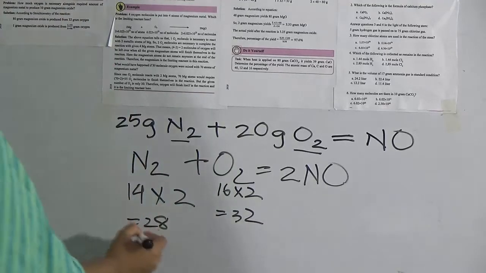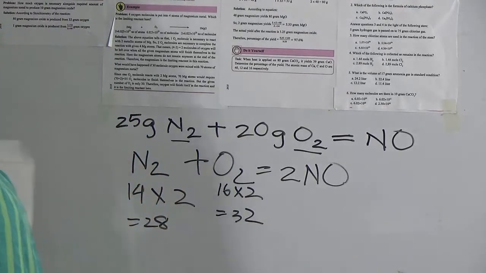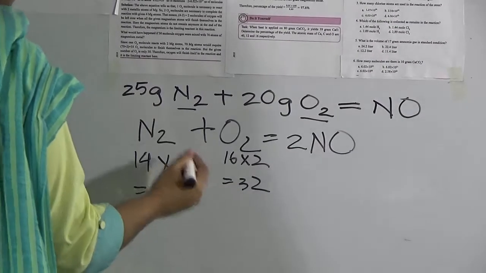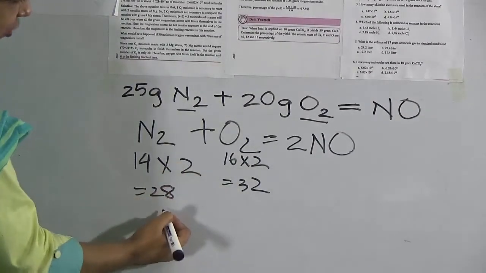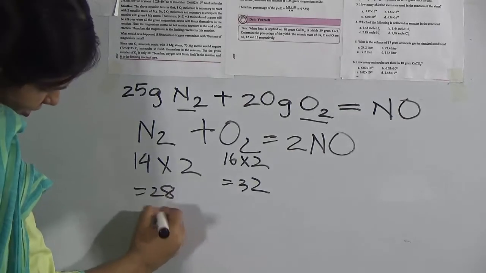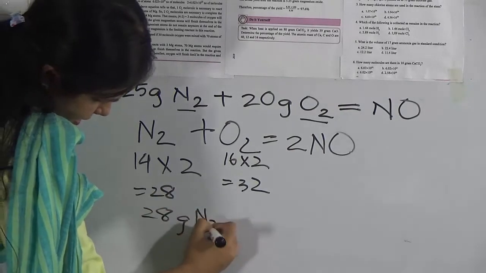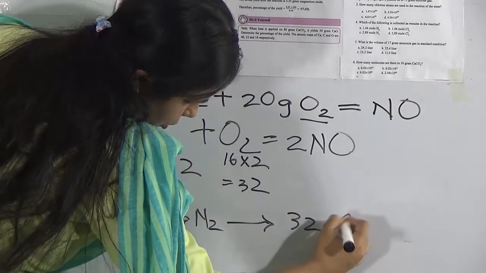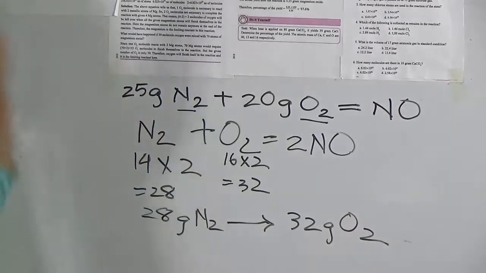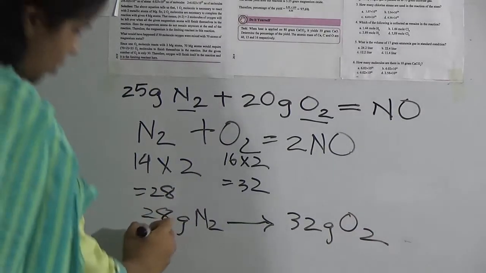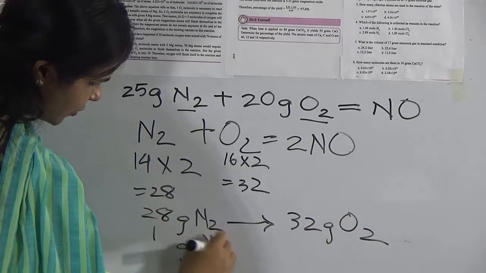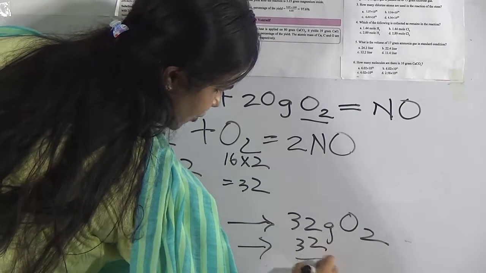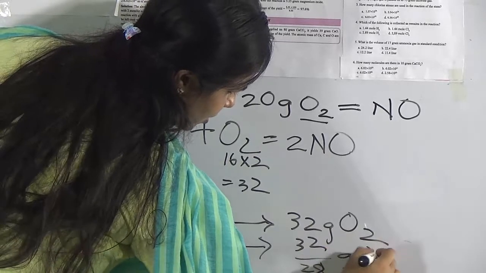That means 28 gram nitrogen reacts with 32 gram oxygen to produce nitrous oxide. So 1 gram nitrogen reacts with 32 divided by 28 gram oxygen.